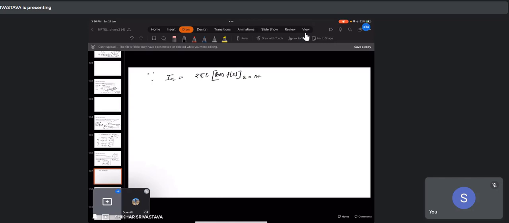So here it's n plus iota pi. Now, z minus n minus i pi times f(z), which you can write as 1 upon z minus n minus i pi times z minus n plus iota pi.